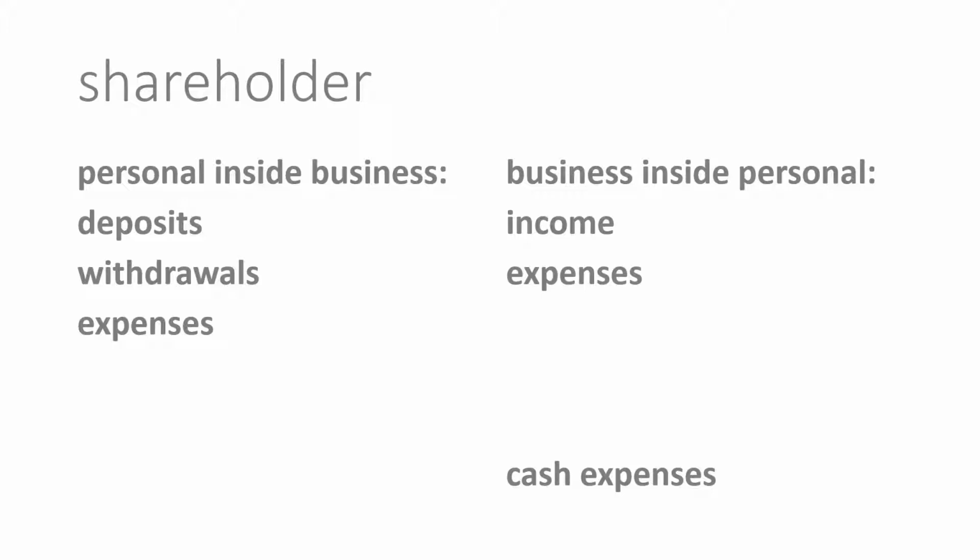These shareholder transactions also include business transactions in your personal account, such as business expenses paid by your personal account or business income accidentally deposited to your personal account. Lastly, in this folder, you keep all business expenses paid by cash.